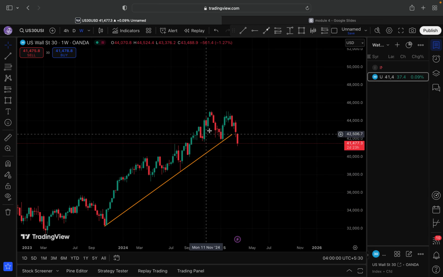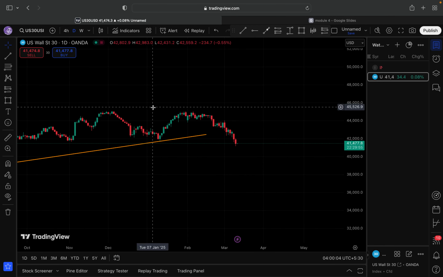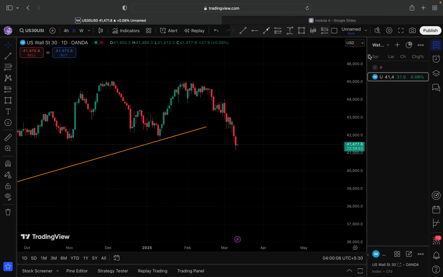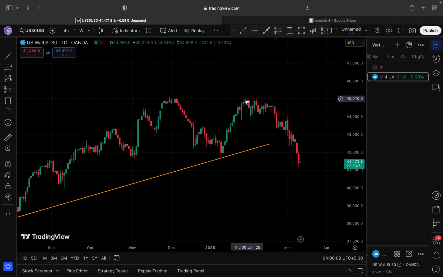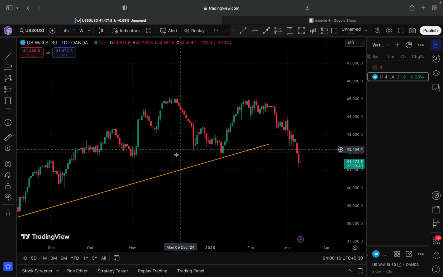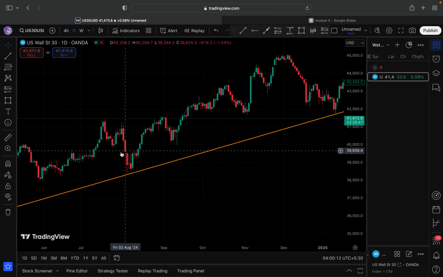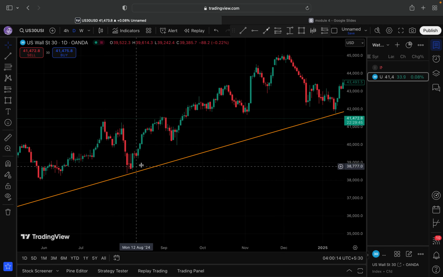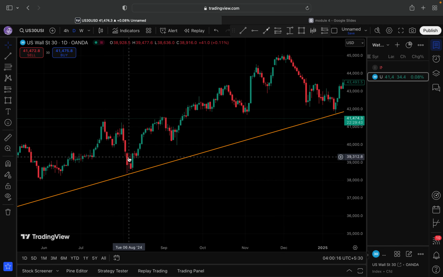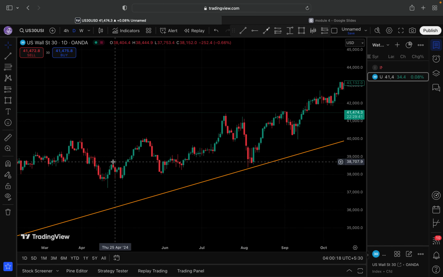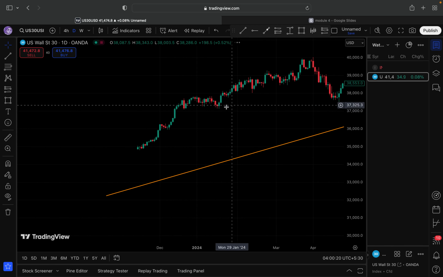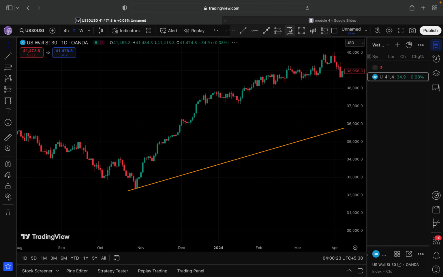Watch price retracing. These are all retrace candles. Retrace candlesticks. Watch price retraced. Price did its work here. And a lot of people think price is about to drop, but see, price retraced there. And then watch this retrace candle.